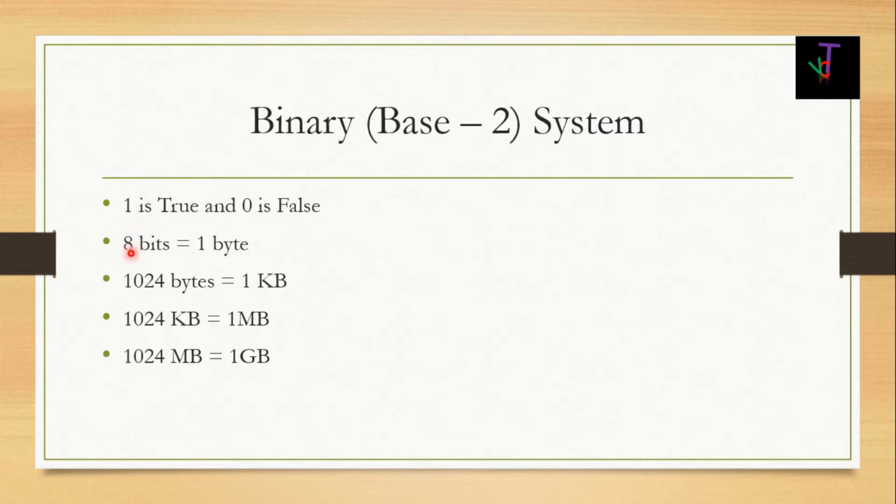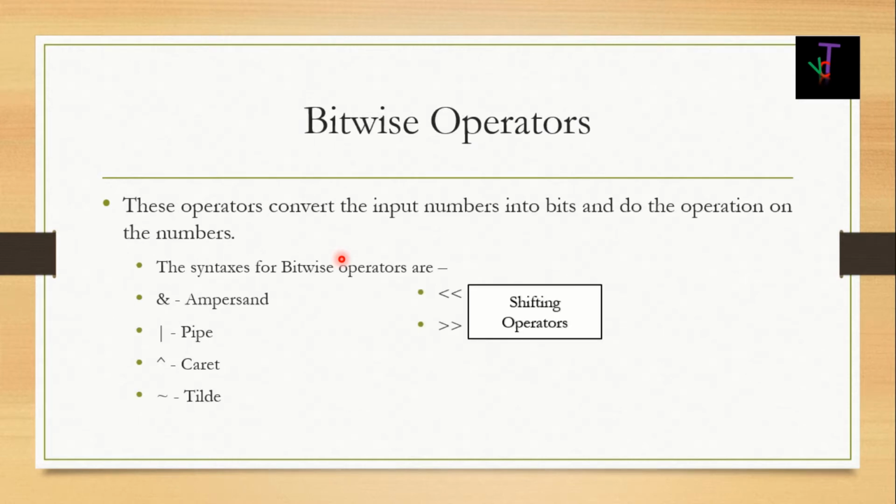The conversions are 8 bits equal to 1 byte, 1024 bytes equal to 1 kilobyte, 1024 kilobytes equal to 1 megabyte, 1024 megabytes equal to 1 gigabyte, and they go on and on. As you may have seen, these units are used as storage measurements in your phones, laptops, or any other device you use. Now, moving on to bitwise operators.